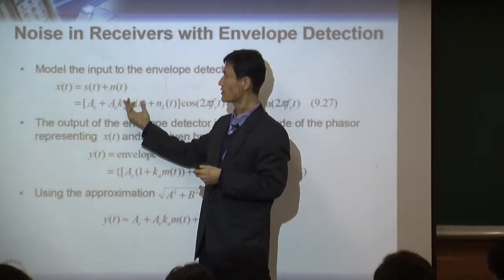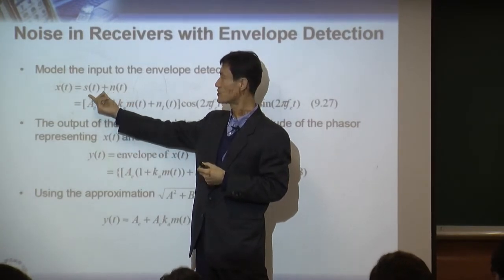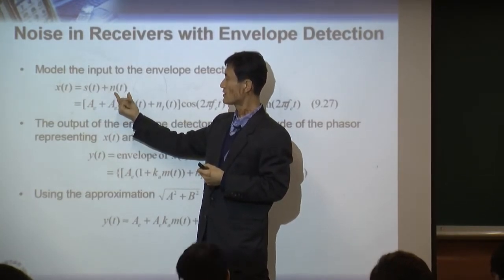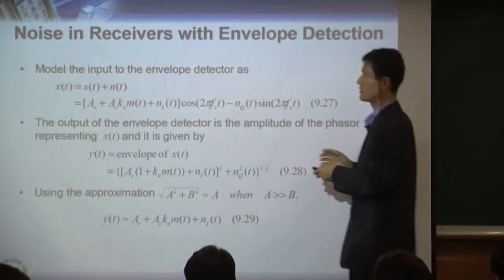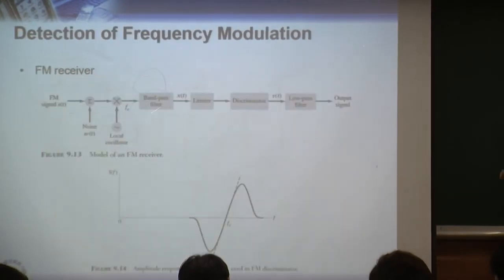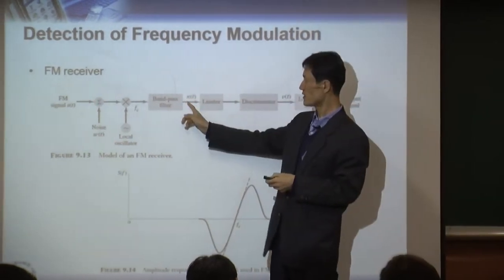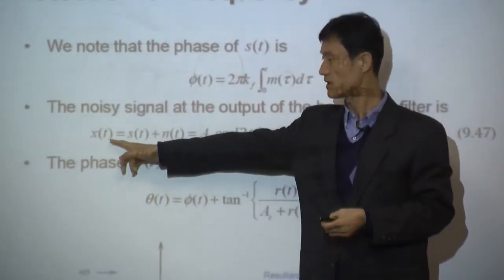So that's why the signal is now corrupted, right? What is important here is the amplitude part, because this is amplitude modulation. What is going to be the amplitude added by noise? That's our concern here. Now, in an FM signal, we don't care about the noise amplitude. Still we are looking at s(t) plus n(t), that's x(t).